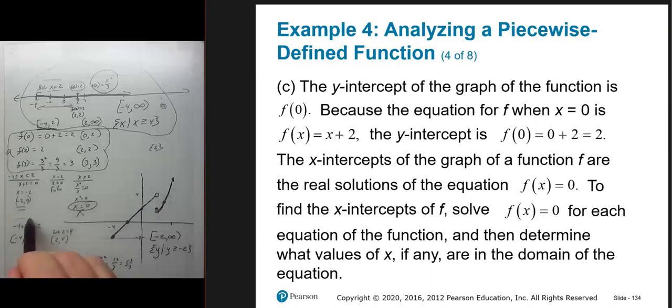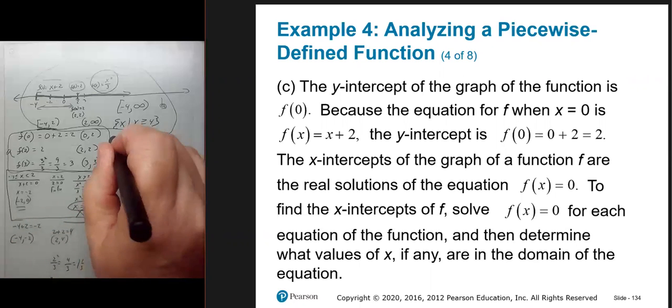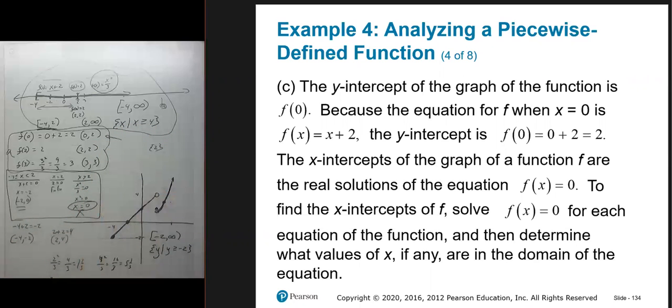Letter C was finding the intercepts. All right, we already found the y-intercept by putting 0 in for x, and then for each portion of the domain, we use those three functions to determine, do we have an x-intercept in that portion of the domain?